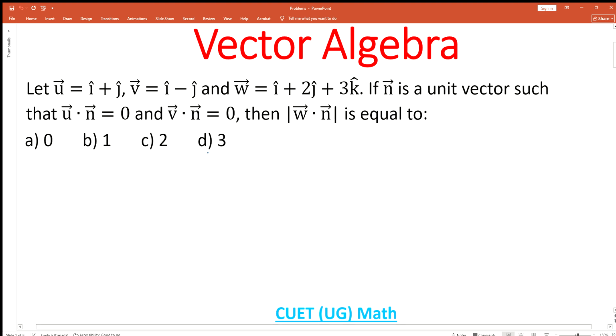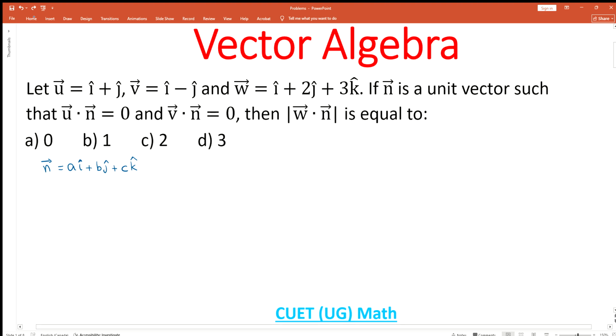Let's assume vector n is equal to a times i plus b times j plus c times k. We have to find the values of coefficients a, b and c for components i, j and k for vector n. We should assume that vector n is a 3D vector because the given vector w is a 3D vector.